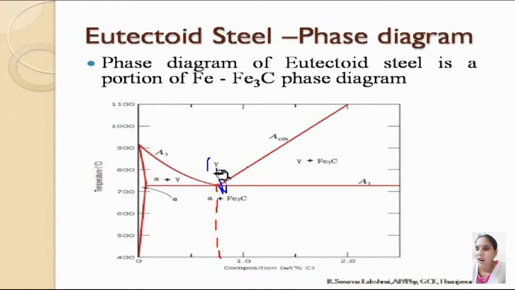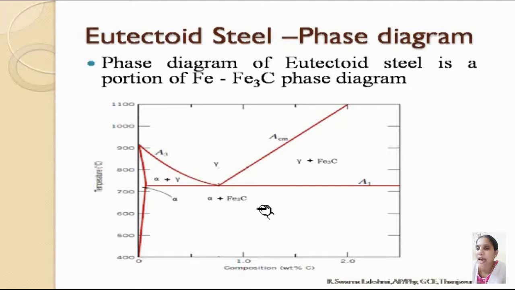Remember, austenite has a carbon content equal to the alloy composition, 0.8 weight %, whereas alpha ferrite has, by tie-line rule, you can find that the limit of solubility of alpha ferrite is 0.02, and so alpha ferrite should have 0.02 weight % carbon, whereas Fe3C has a composition of 6.67 weight %.